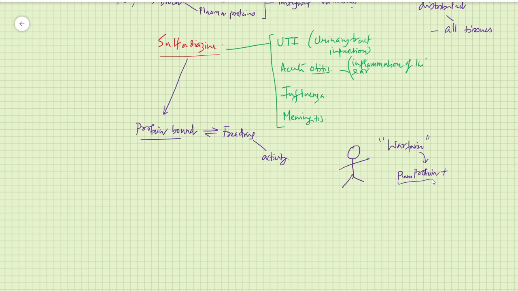Which is the most important plasma protein? Albumin. Warfarin combines with albumin to form a drug protein complex, and this complex is in equilibrium with free warfarin, and this free warfarin has anticoagulant activity.